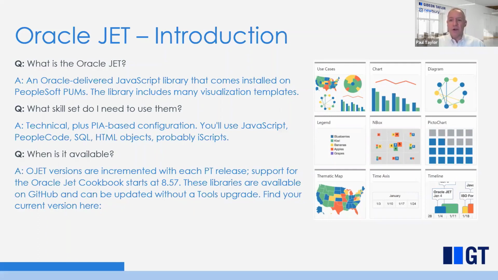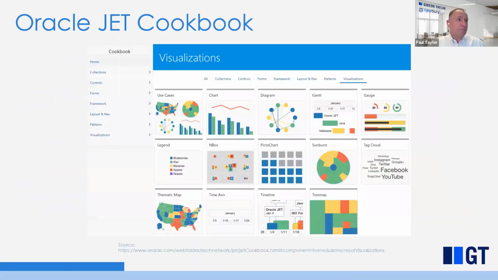So if you want more recent stuff, you can get in and update your OJET version without having to update PeopleTools. And if you want to see what version you're on, go on your web server and drill to that location. Don't do it right now, though, because you should be paying attention to my session.